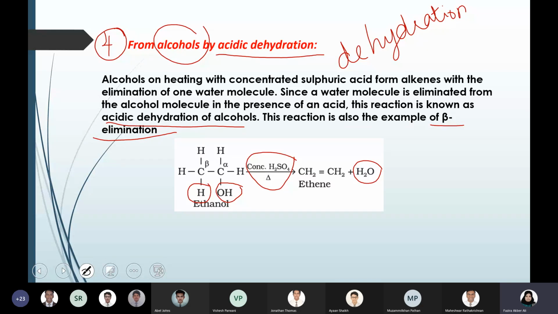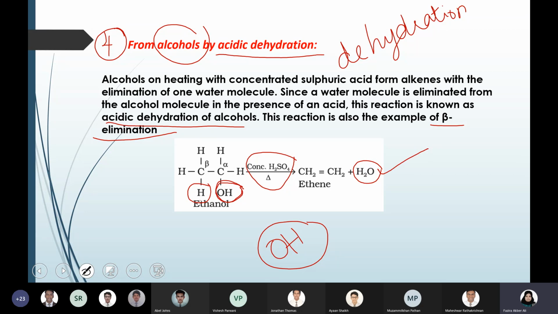Here, using concentrated sulfuric acid, you're dehydrating an alcohol. An organic compound containing an OH functional group is an alcohol, and you are removing the OH group and a hydrogen from the beta position, so that it will be removed as H2O.